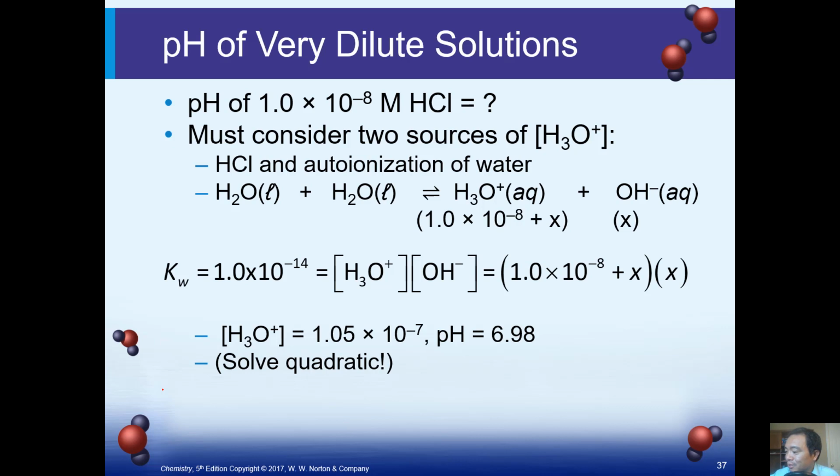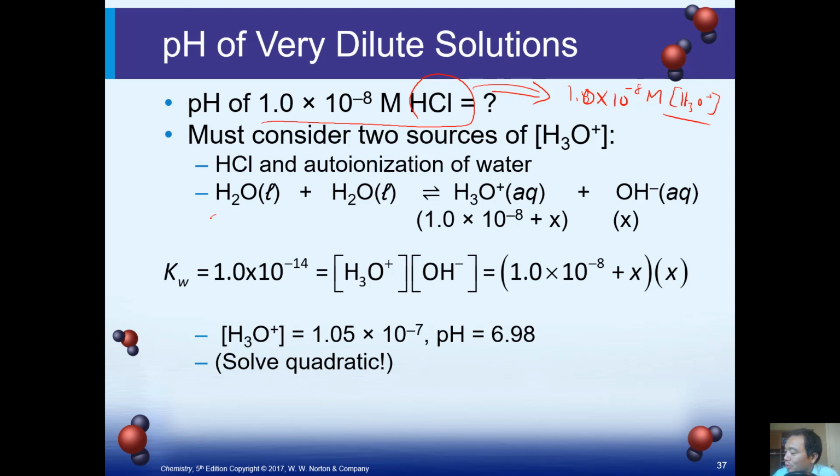For the dilute acid, remember, the HCl has already ionized, and this will produce exactly the same concentration of hydronium ion. That means this 1.0 times 10 raised to negative 8 molar of hydronium ion is already produced. There is no equilibrium to establish because HCl is strong. It ionizes 100%. Okay.